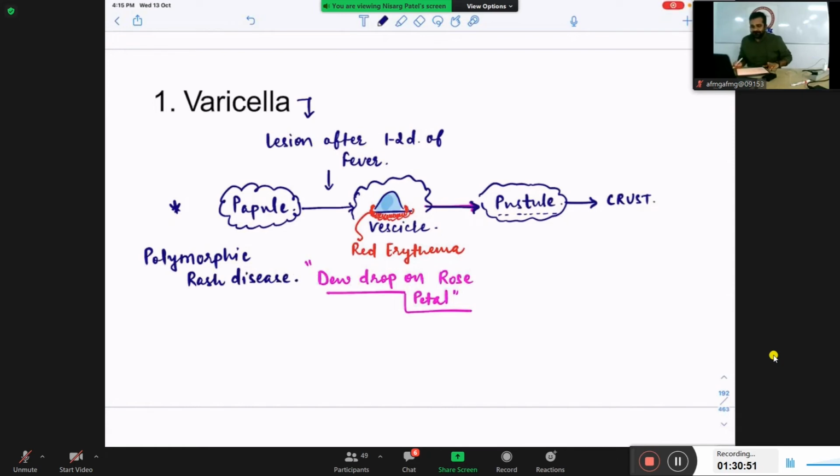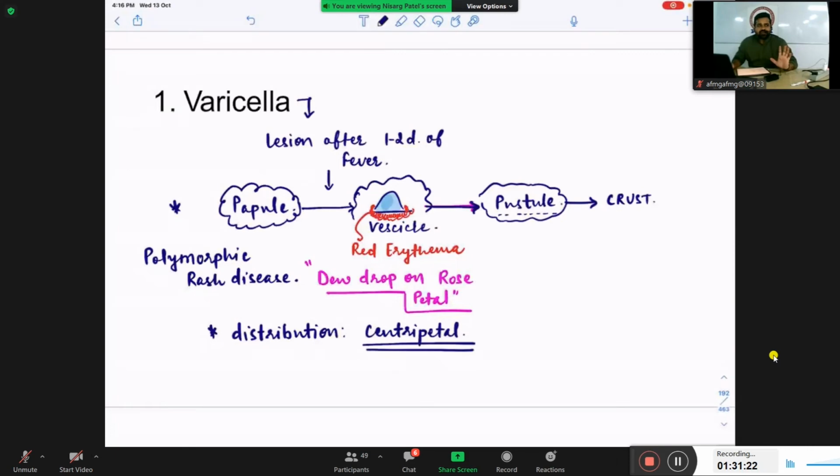Polymorphic rash disease. What is the distribution of the rash, centripetal or centrifugal? This is the centripetal. So what is the meaning of centripetal distribution?